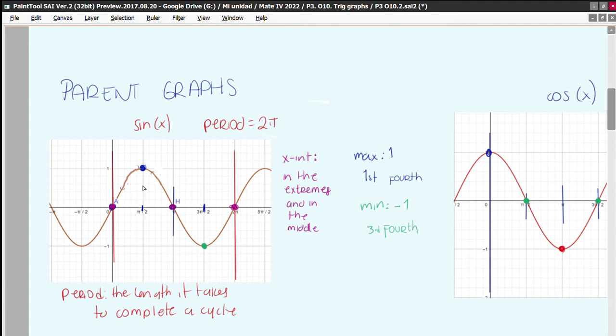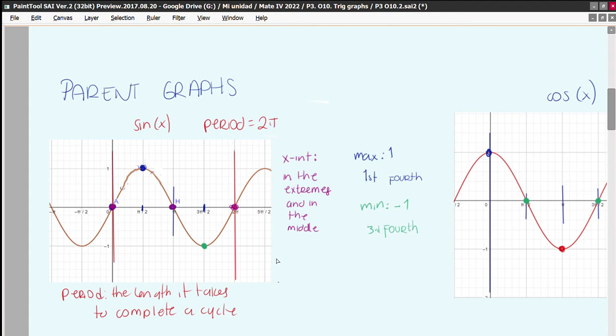Now, we know that sine of pi halves is 1, and sine of 3 pi halves is minus 1. In other words, sine has its maximum in the first fourth, that is, if I divide my period in four parts, in my first fourth, my sine attains its maximum, and in the third fourth, my sine attains its minimum.